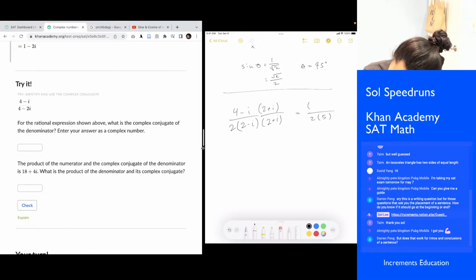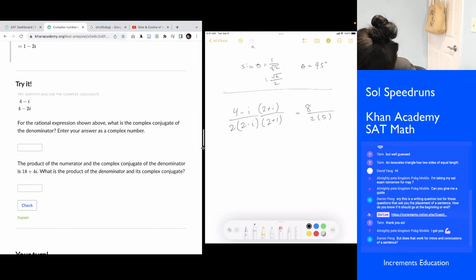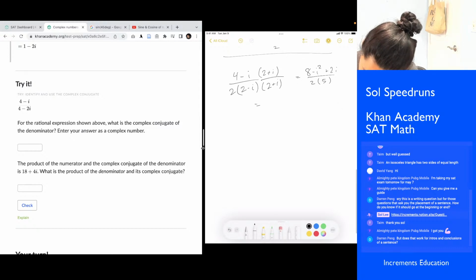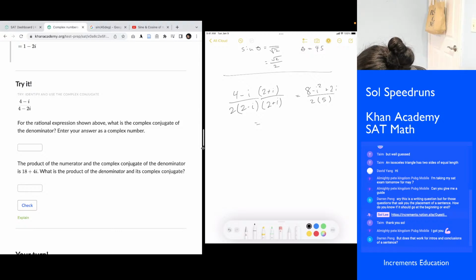And over here we get 8 minus i squared, which is 9. Plus 4i minus 2i, so that's plus 2i. So that's going to be equal to 9 plus 2i over 10.